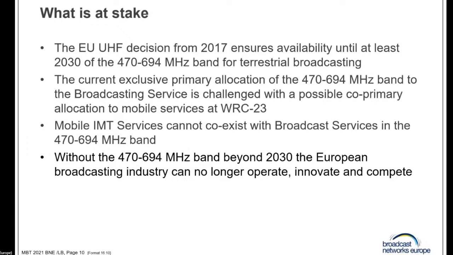But the current exclusive primary allocation for the sub-700 megahertz band to the broadcasting service is challenged with a possible co-primary allocation to mobile services at the WRC-23. One result of all the studies is that the mobile IMT services cannot coexist with broadcast services, whether those are 5G broadcast or DTT in the sub-700 megahertz band.